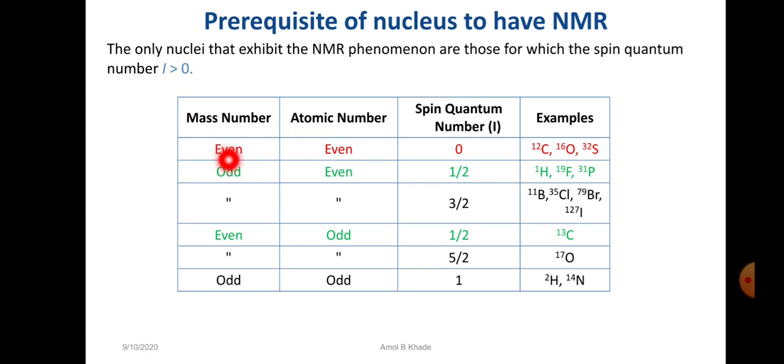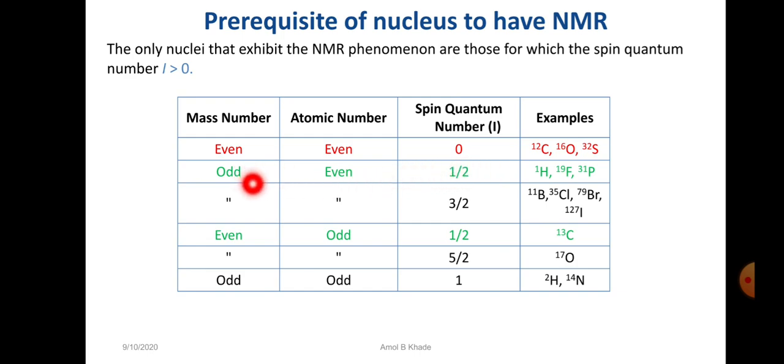If the mass number is even and the atomic number is even, then the spin quantum number I will be 0. So we have atoms like carbon 12, oxygen 16, sulfur 32. All these atoms have spin quantum number I equal to 0, and hence we cannot record the NMR spectra of such atoms.